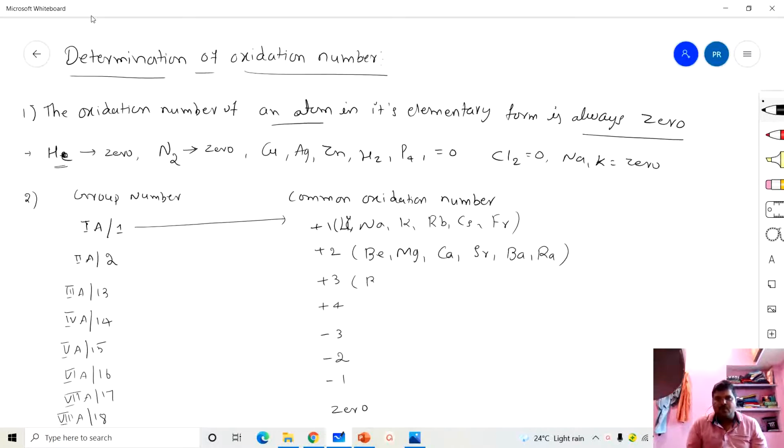Third A: boron, aluminium, gallium, indium, thallium. Third A group is +3.